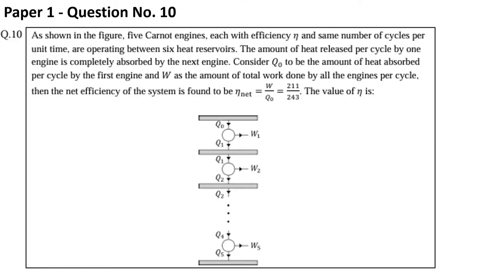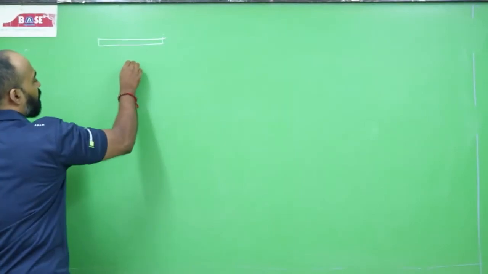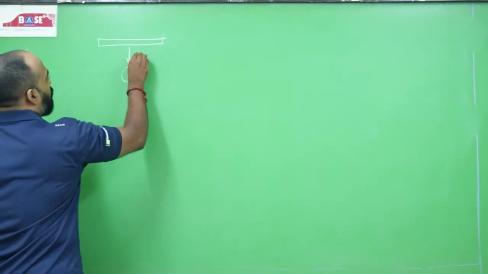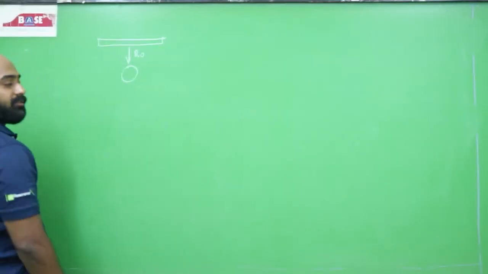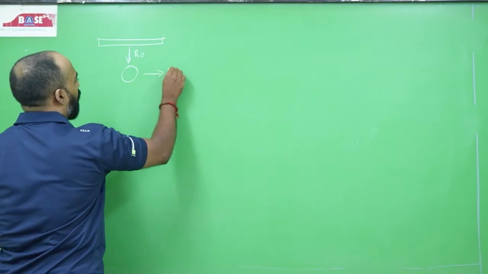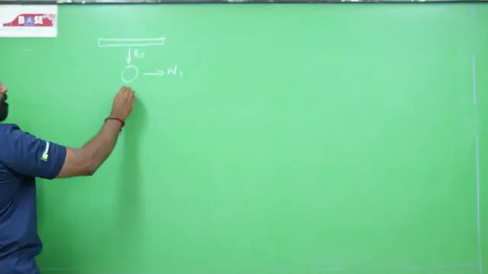So this is the first reservoir, some Q0 amount of heat is absorbed here, and the work output is W1.